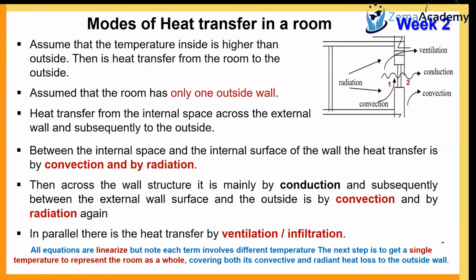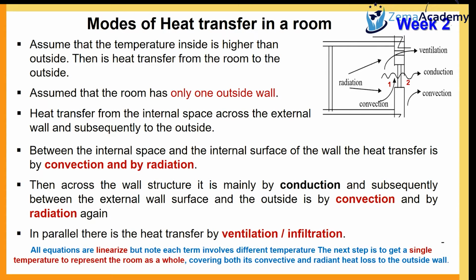The other thing that we noticed when we looked at the equations was that they all had different temperature differences. So there were many temperatures involved in those equations, like inside surface and outside surface temperature. So we said that we need to simplify these two aspects.